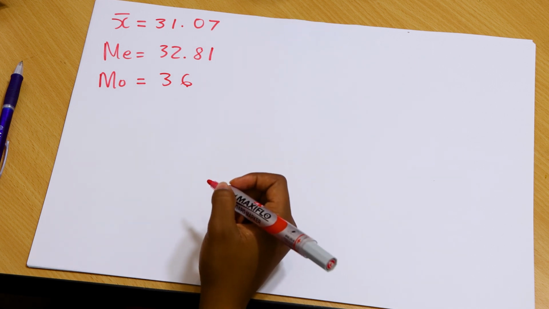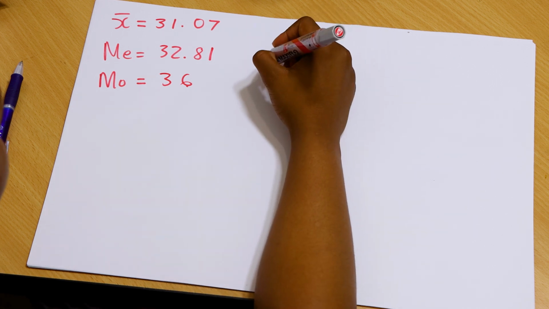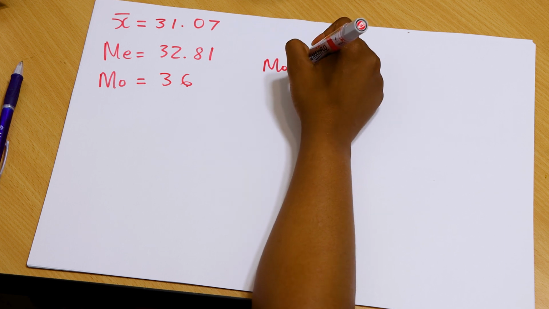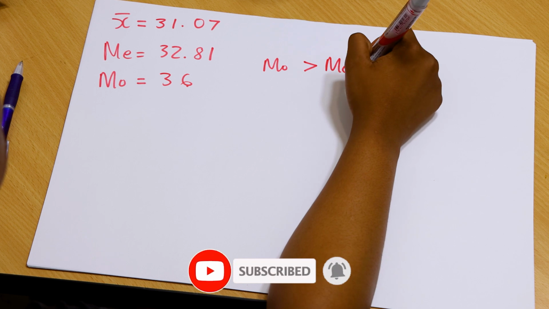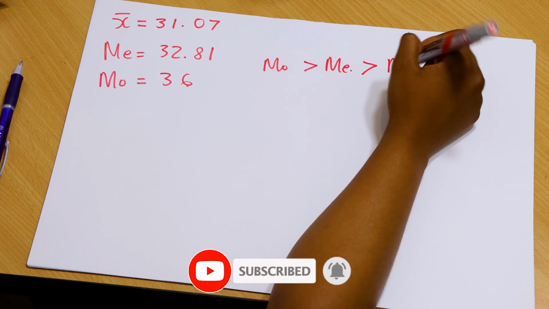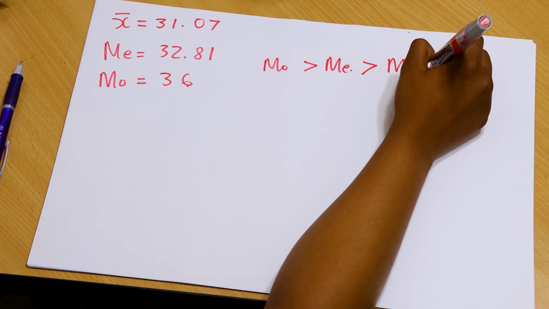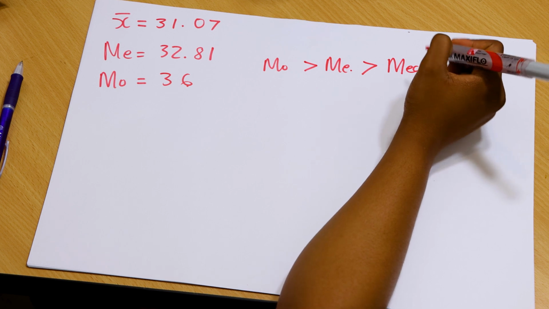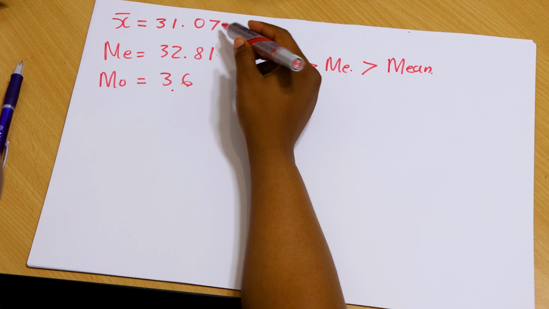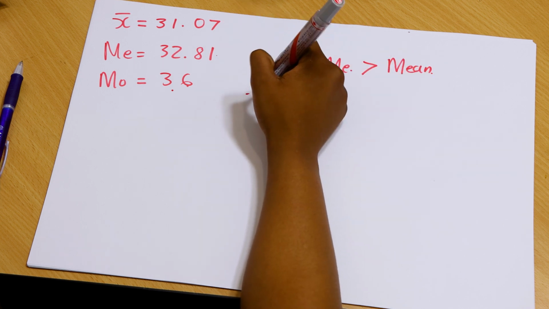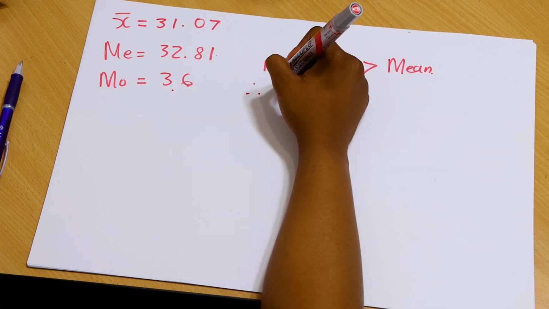So, as you can see, the mode is greater than the median, is greater than the mean. Right? 36 is greater than 32.81 is greater than 31. Therefore, it means it's negatively skewed.